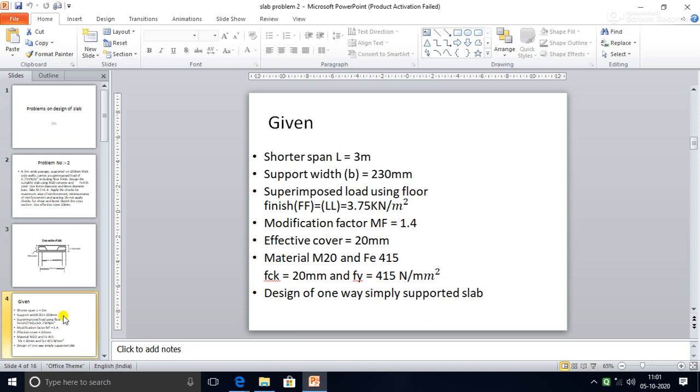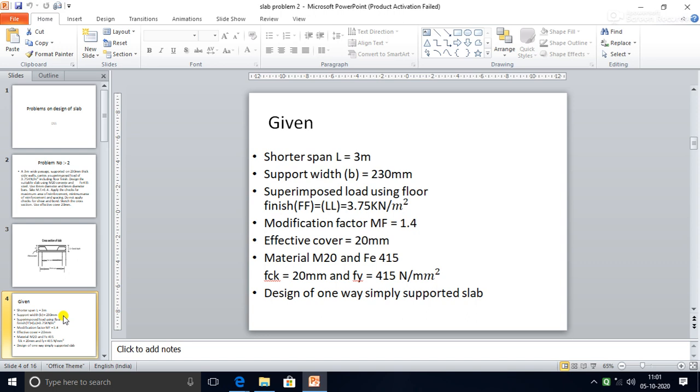That is, shorter span L is equal to 3 meter. Wall width, that is support width, is 230 mm. Superimposed load including floor finish, that is, it is not that floor finish is equal to live load; it is the sum, floor finish plus live load, which is equal to 3.75 kilonewton per meter square.